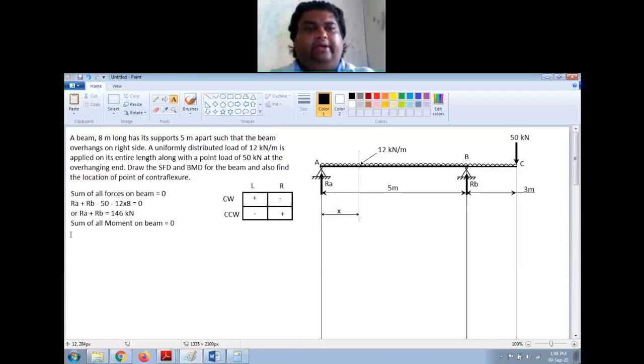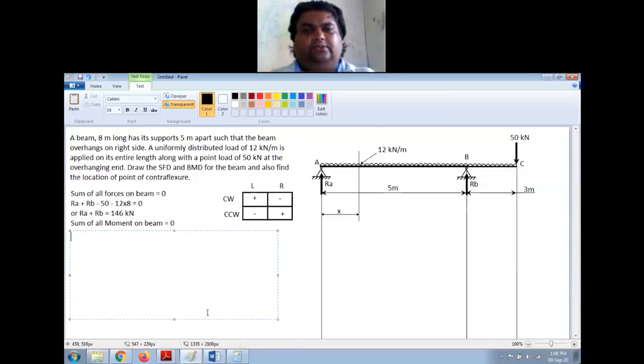Okay. Now again, let us come back to this numerical. Now I am taking moment about A. If you're taking moment about A, start from the opposite side. So let us start from point C. At point C, I have 50 kilonewton force acting downwards, right?